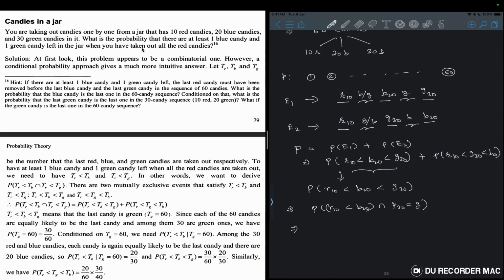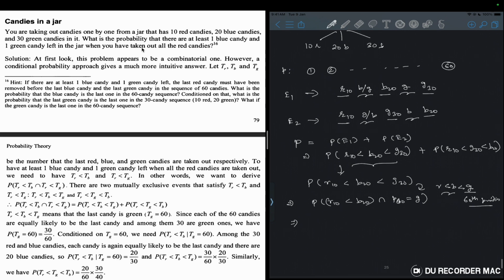What I've written is that if I fix the 60th position and say that it is green, then the only thing left is that the last red candy should appear before the last blue candy. Because if I fix the last green, then obviously it will be after blue. So this is the same as writing this.